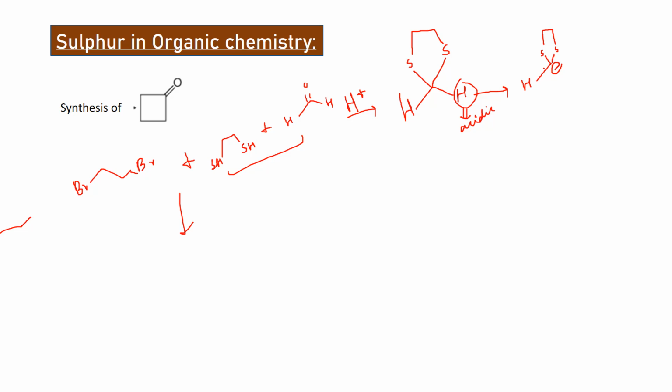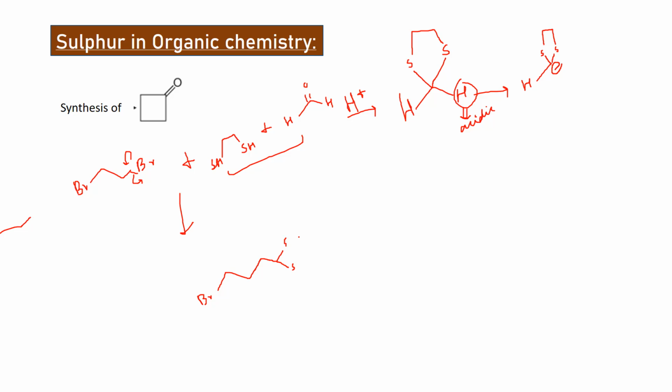After that, if you add this anion to this haloalkane, it will substitute one of the bromines first.